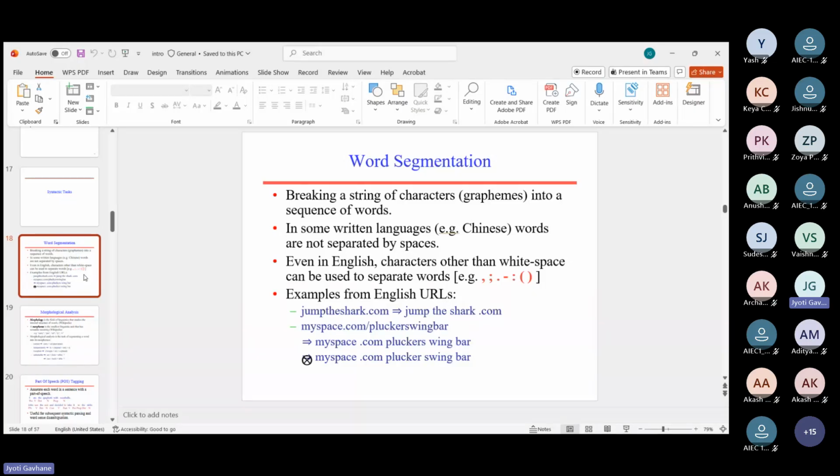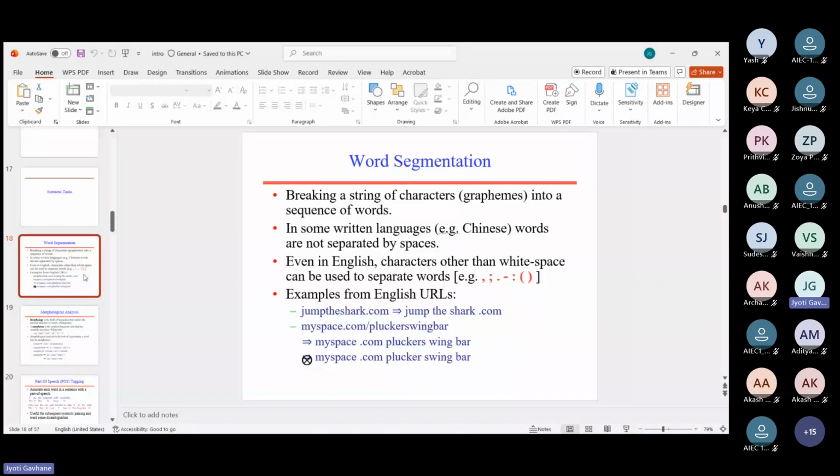Examples are being given. Try to understand, there are some English URLs. If I want to tell you jumptheshark.com and I didn't give any space, how will it look? Everything is in sequence and you will find that from the J till the M, the whole thing is the URL, right? But it is not the case. Only the shark.com is the URL.